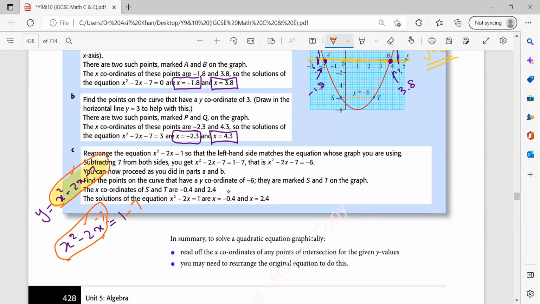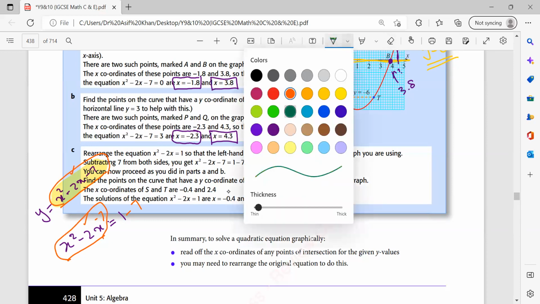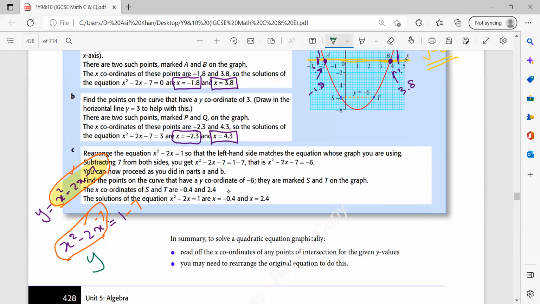So now I can replace this thing with y, because it is exactly the same, x square minus 2x minus 7, and this is equal to y, so I can write y here. And on the other side you have 1 minus 7. 1 minus 7 will be minus 6.